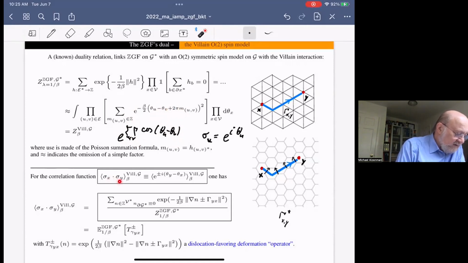Now, the spin-spin correlations of the Villain model are given by the expectation value of sigma x, sigma y, which is the same as the expectation value of either plus or minus e to the i difference in the angle.